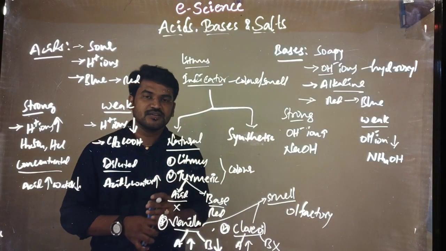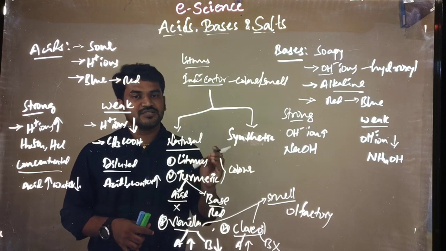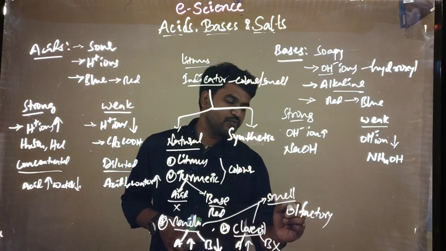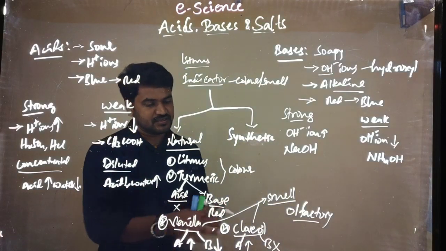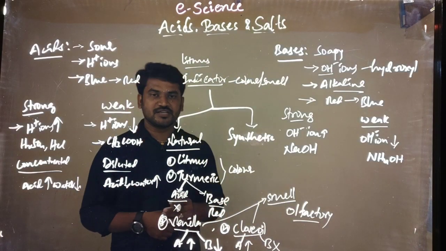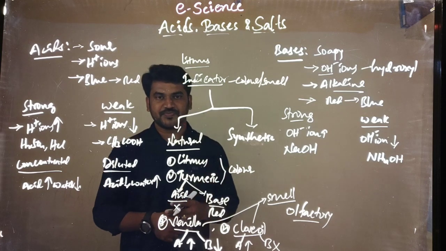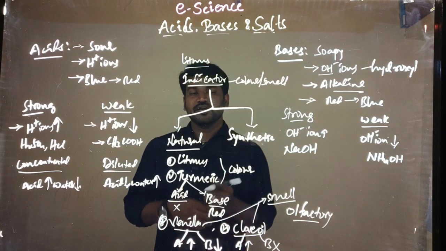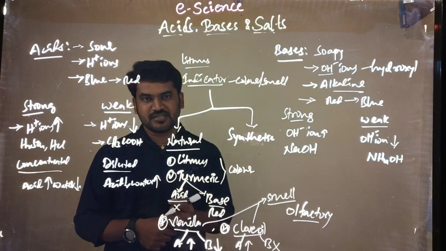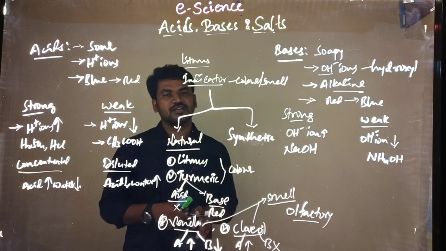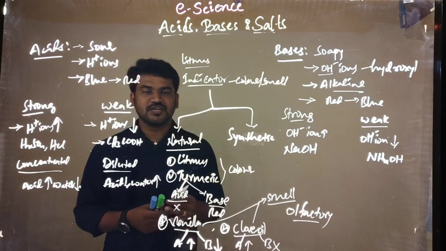The indicators which show the change in smell are called olfactory indicators, right? So vanilla essence and clove oil are olfactory indicators. So these are natural indicators. And we also have synthetic indicators. Synthetic indicators means they are chemically prepared, okay? That we will discuss.